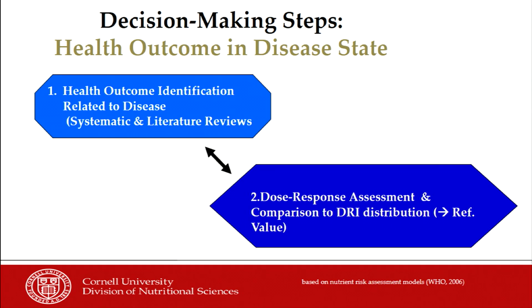From that step, using that disease-specific outcome, I'm going to posit that you need to assess the dose response for that outcome in that specific disease population, and compare it to the DRI distribution for generally healthy populations and demonstrate that it differs.